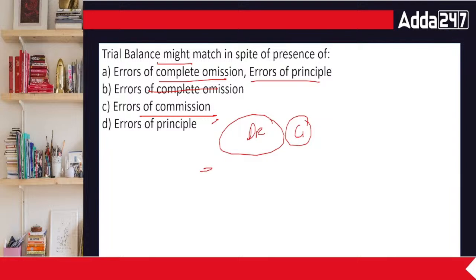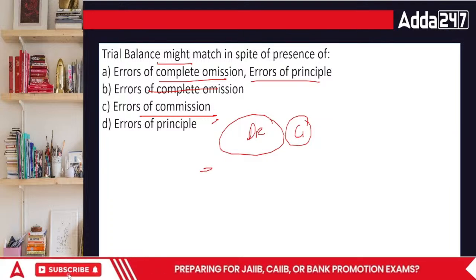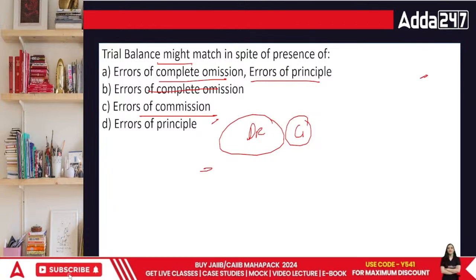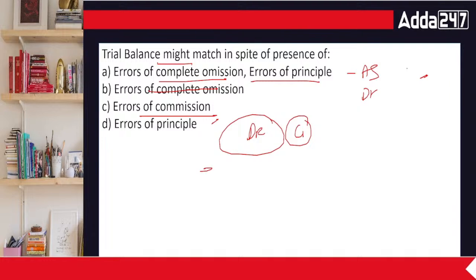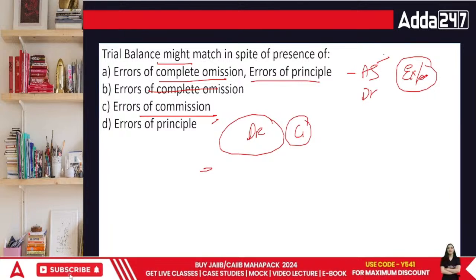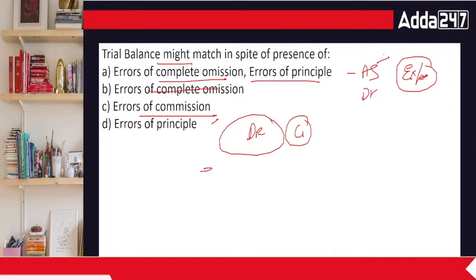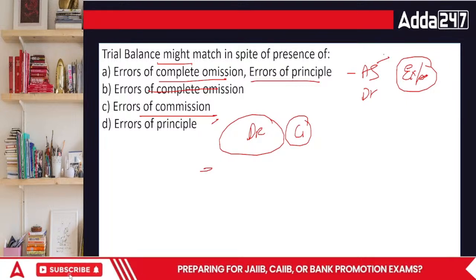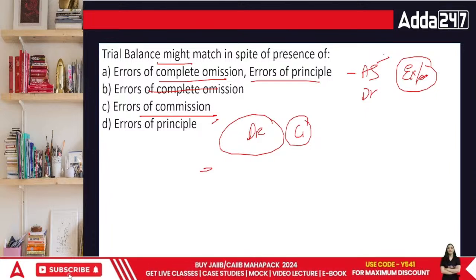Error of principal is based upon when an asset which is on the debit side is noted as an expense, or an expense is noted as an asset. This happens when the organization is not noting down things properly. It can note down the thing that we got as an expense while it is actually an asset.